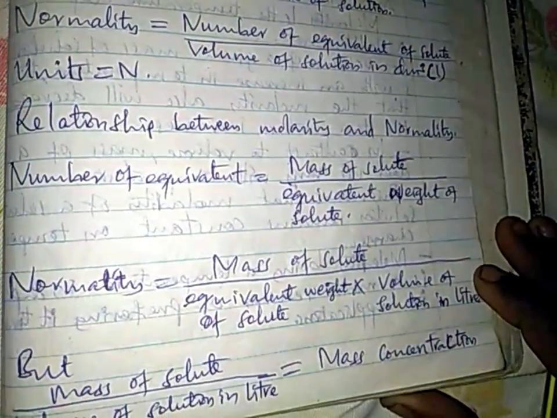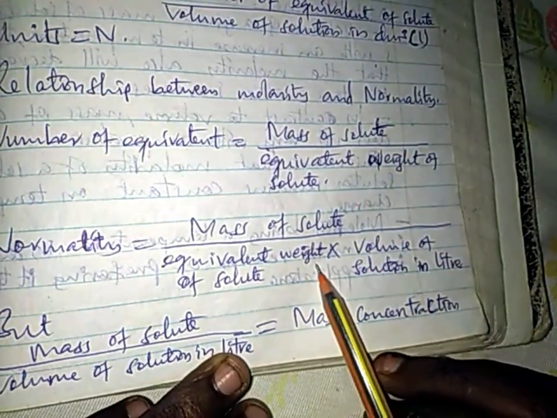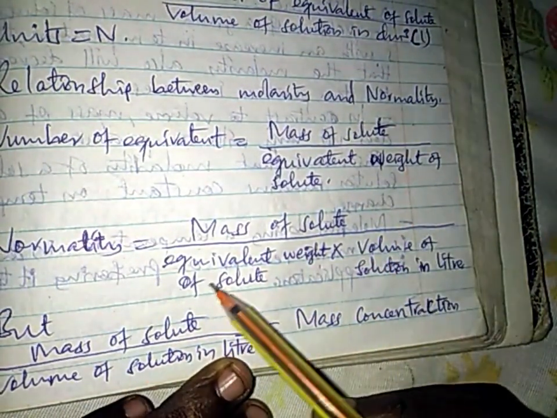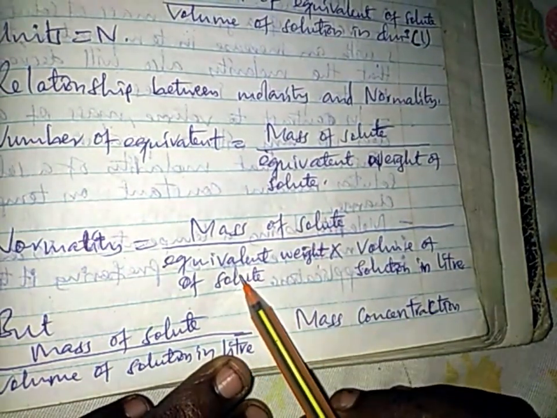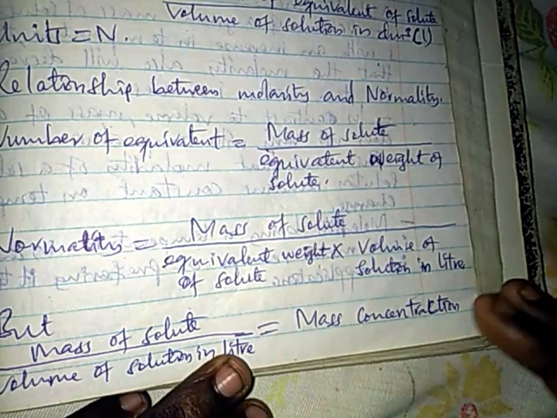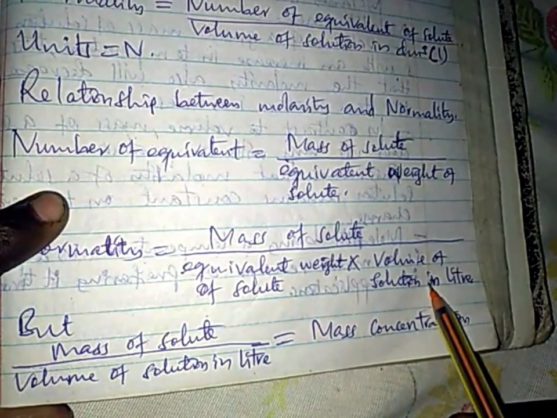Now, if you substitute this formula into the first one, you get normality is equal to mass of solid divided by equivalent weight of solid times volume of solution.